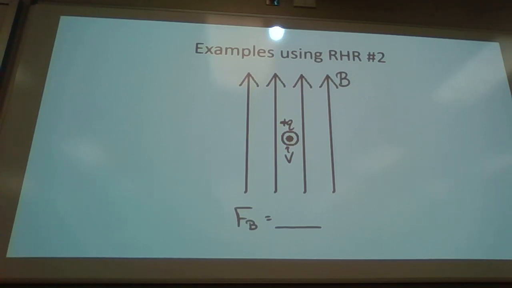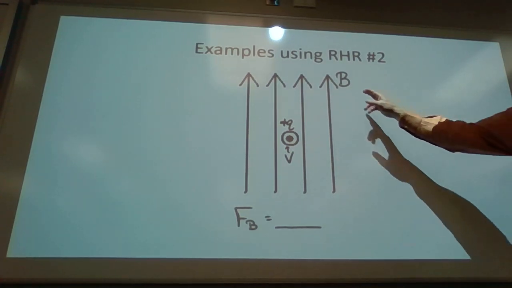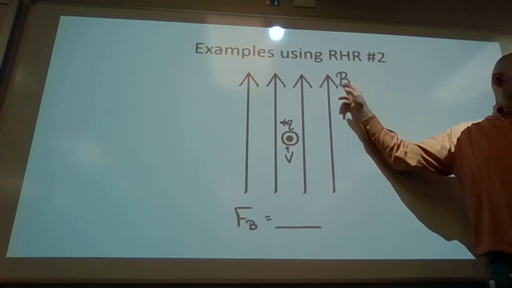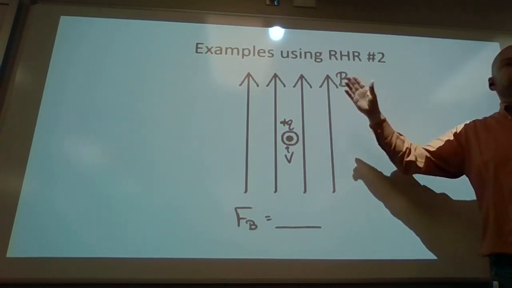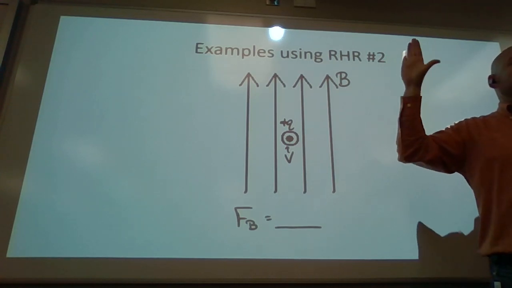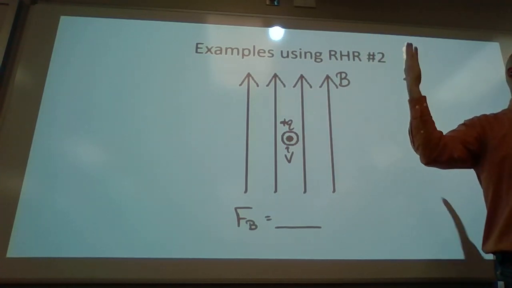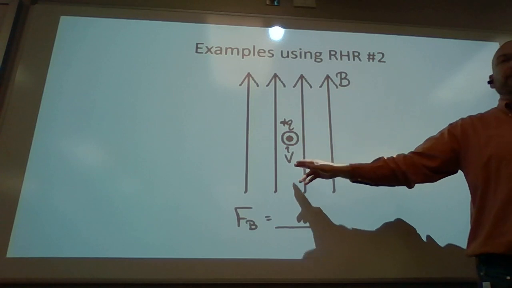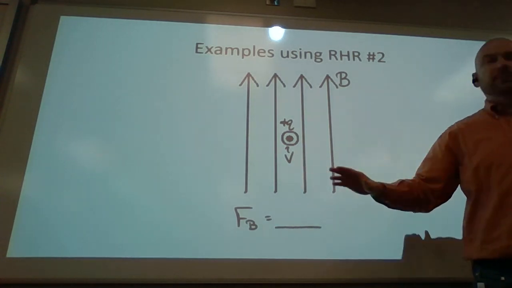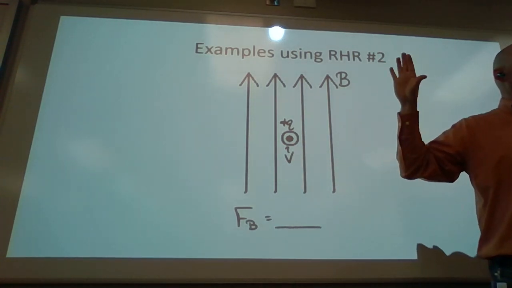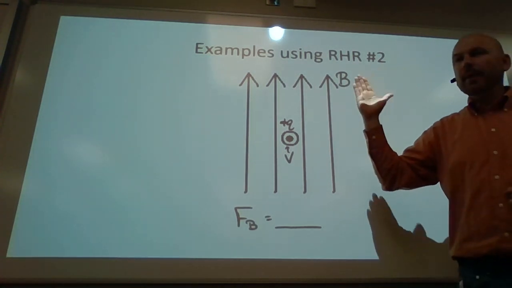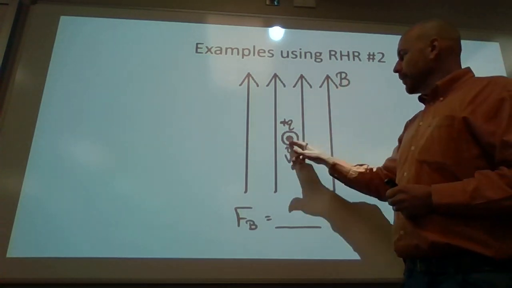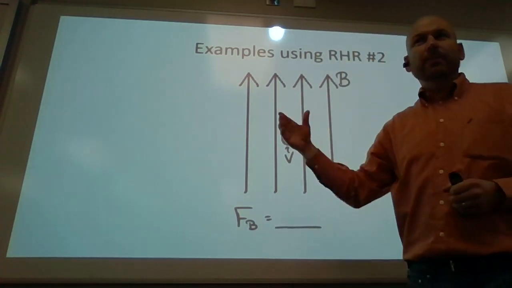What part of your hand corresponds with magnetic field? Fingers. So your fingers go up. Lock them in there. What part of your hand goes with V? Thumb. So which way does your thumb go? It comes out of the board. You're looking at the arrowhead. Better duck.